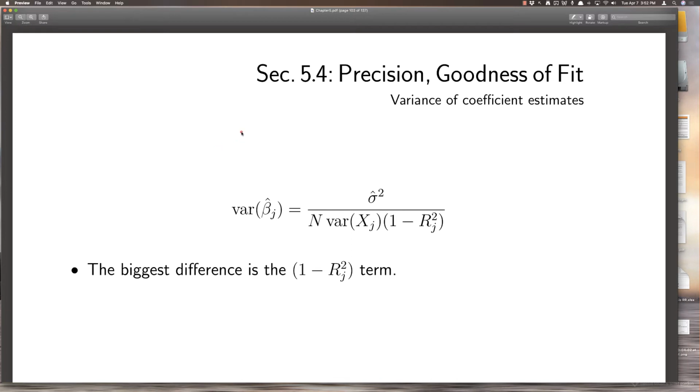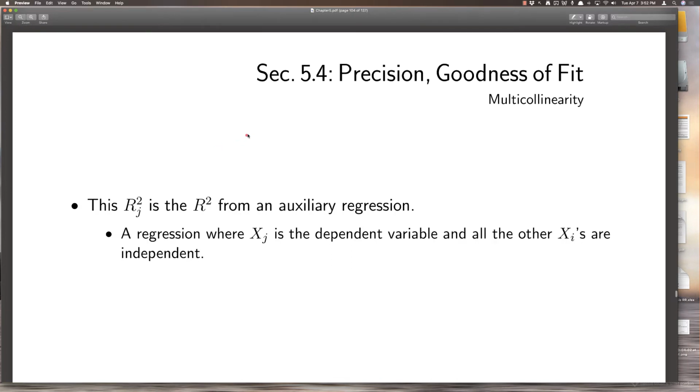And we already know regressions well, so why not use that tool? So r squared j is the r squared from an auxiliary regression. It's a regression where xj, x1 for us, is the dependent variable, and all the other x's are the independent variables. So it's an auxiliary regression with your independent variable of interest as the left-hand side variable.